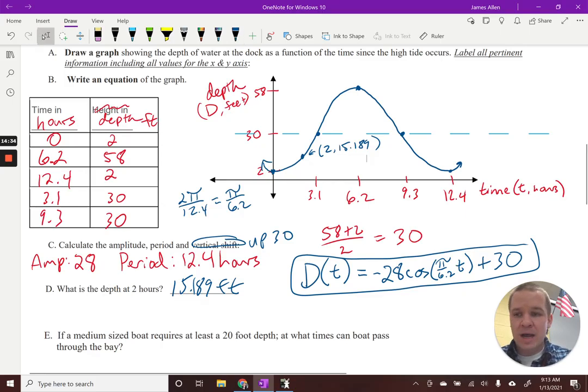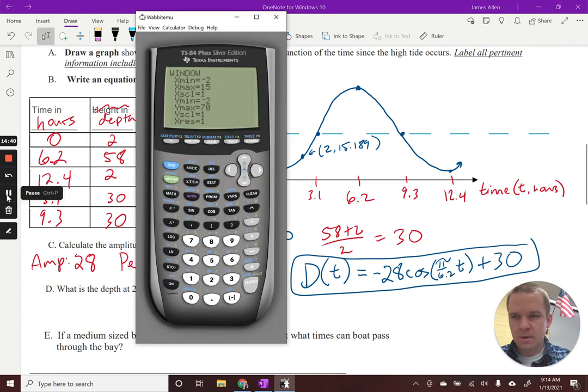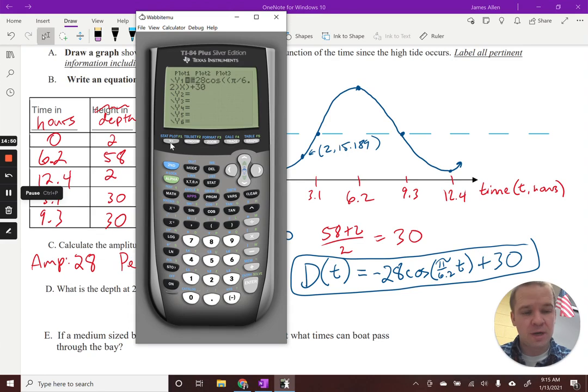Why don't I pull up my calculator again, but I'm going to throw this into my grapher. I've got it plugged into the y equals here. Be careful with your parentheses, all that good stuff. Pi over 6.2. Don't make the mistake I made where I just did 6 at first.